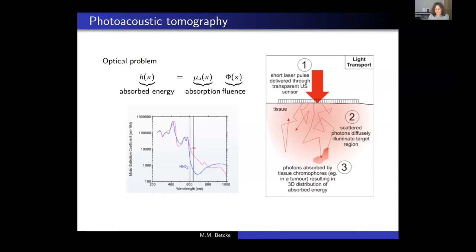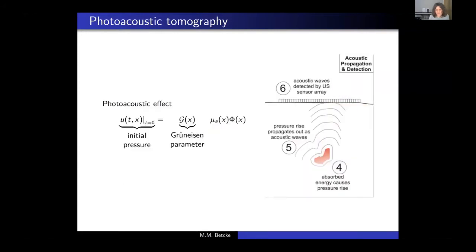I should say that the optical contrast is clinically relevant, because it gives us the difference between oxygenated and deoxygenated hemoglobin. This is an interesting contrast, and that's why photoacoustics has been gaining in popularity over recent decades.